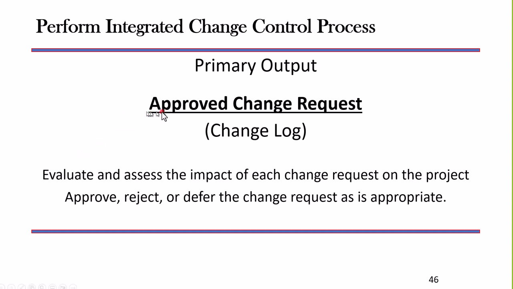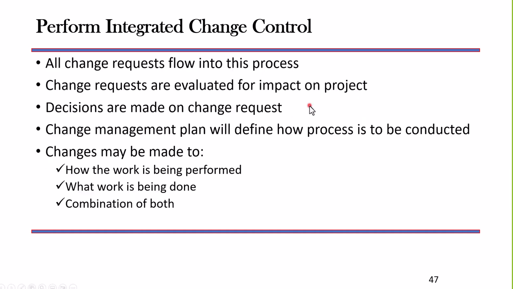My output is then the approved change request. If it's a scope, cost, or schedule baseline change, I will then update them to reflect this new information. All change requests flow into this process. We make a decision on those changes.